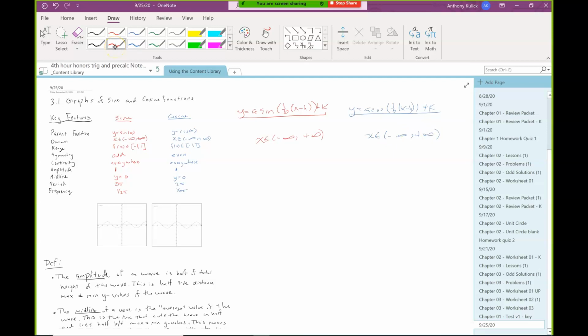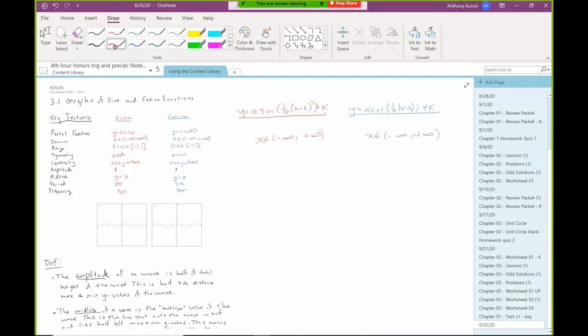How about the range? No, correct? If I stretch vertically or shrink vertically, the range is going to change, right? Will that change be multiplicative or additive? Multiplicative, very good. And then if we shift the graph up or down, is that going to change the range?